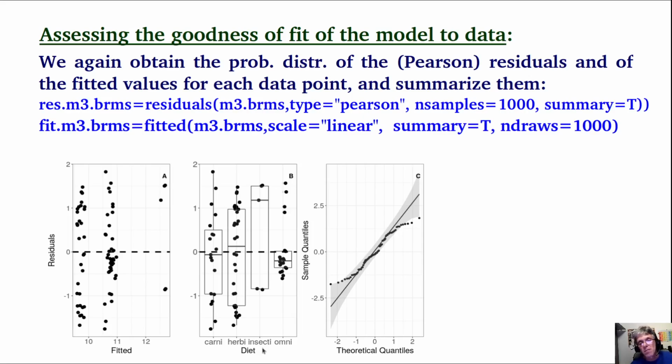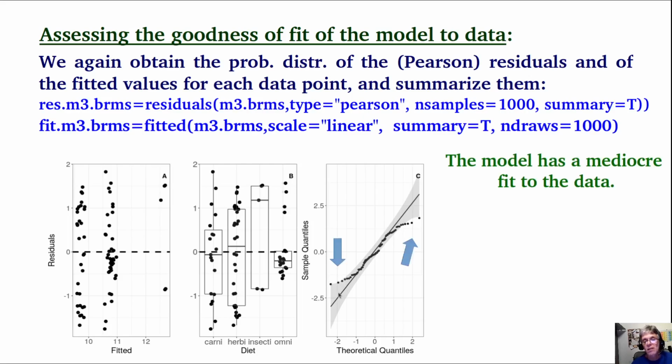The bulk, but not all, of the residuals are close to the perfect fit of a normal distribution, except for the residuals that are at the tails. So the model seems to have a mediocre, not bad, but mediocre fit to the data.